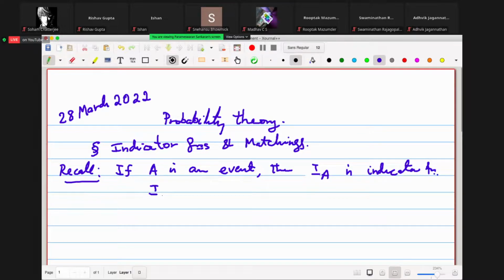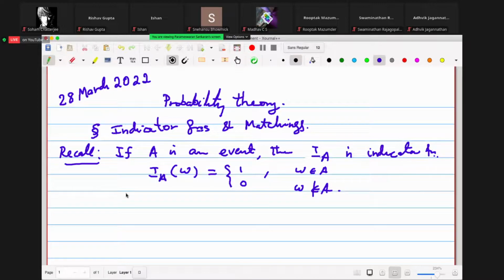So IA of omega is equal to 1 or 0, depending on whether omega is in A or omega is not in A. This is the definition.